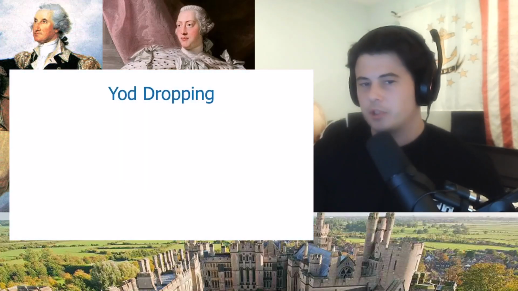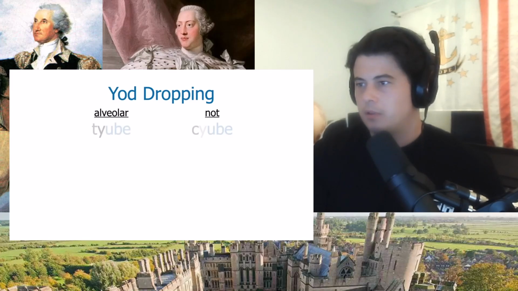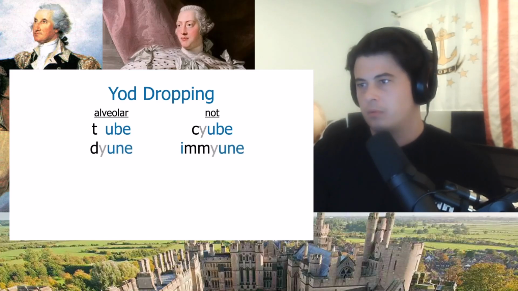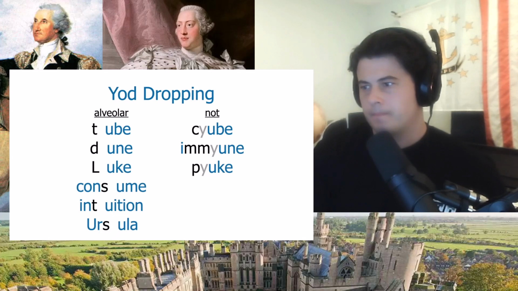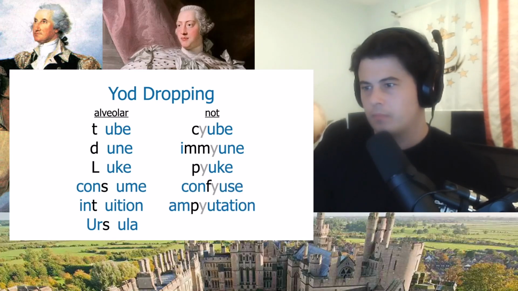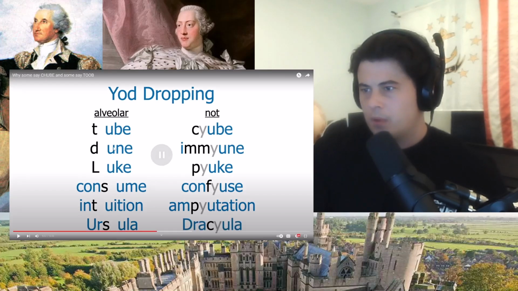American English has extended this yod dropping after alveolar consonants. Most Americans preserve the yod in cube, but drop it in tube. They preserve it in immune, but drop it in Dune. They drop it in Luke, but keep it in puke. And they drop it in consume, intuition, and Ursula, but keep it in confuse, amputation, and Dracula.